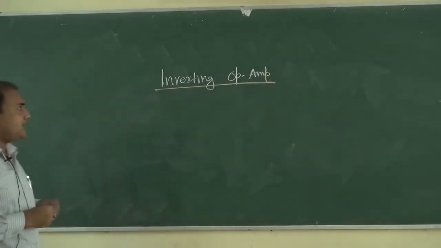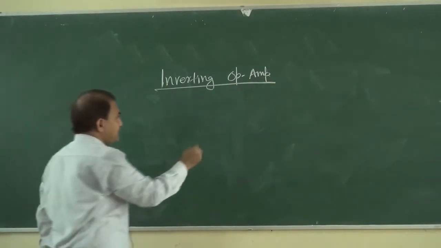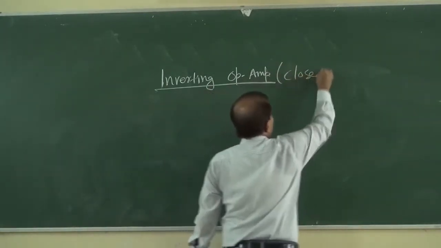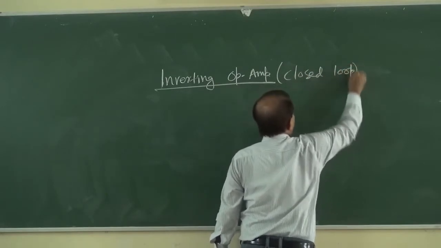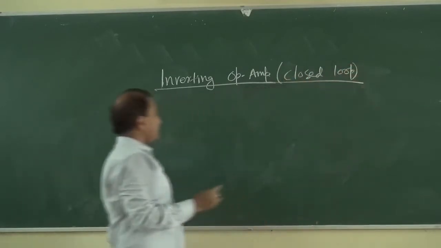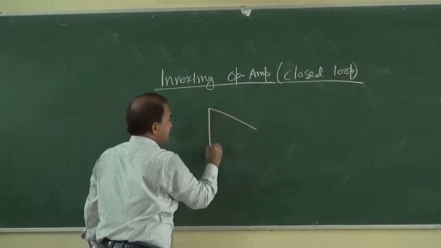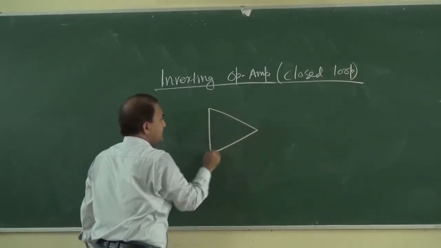So the circuit diagram of inverting operational amplifier in closed loop configuration. First of all, we will see its circuit diagram.